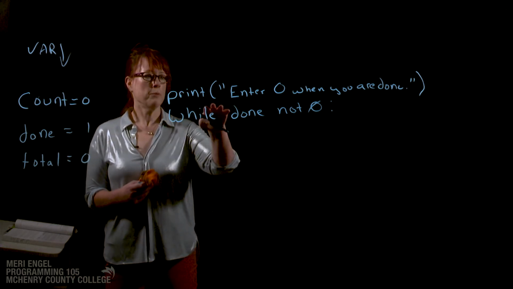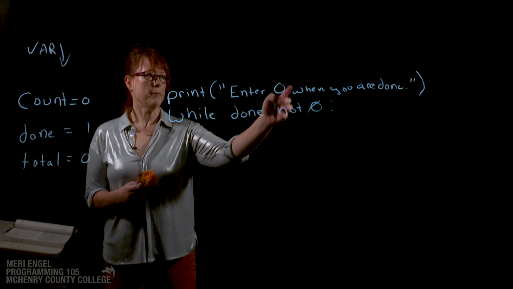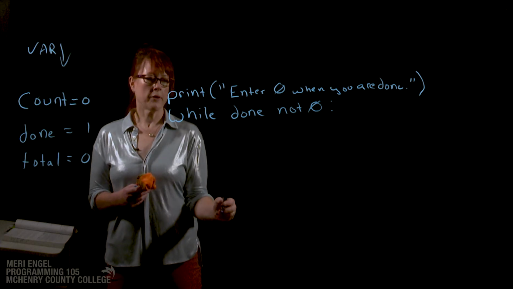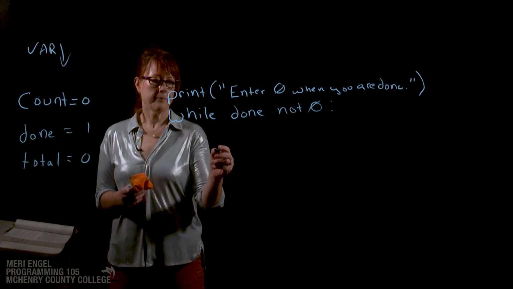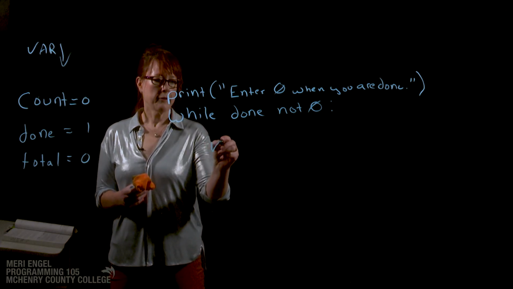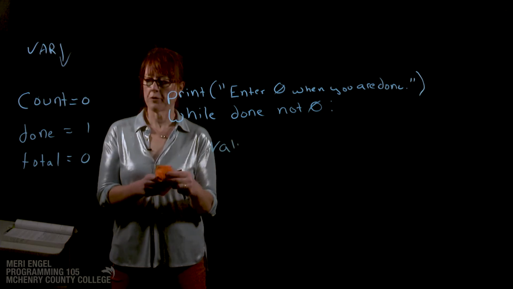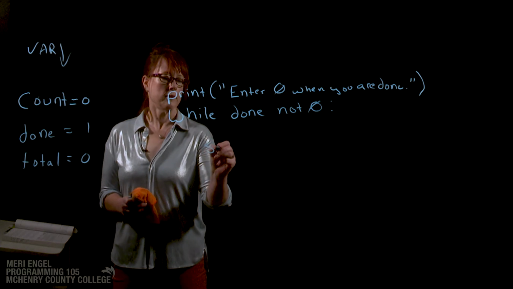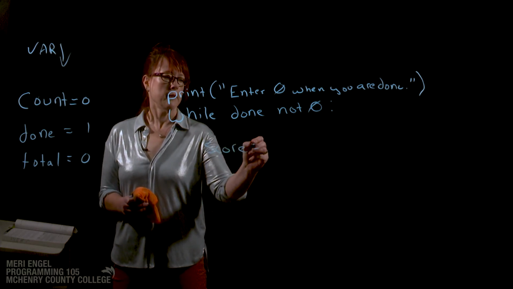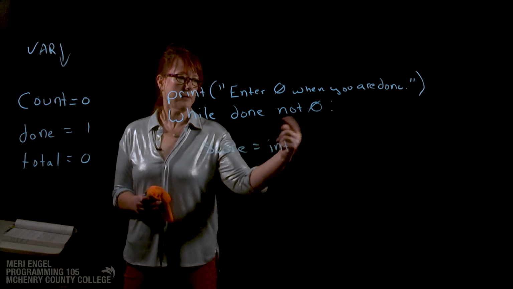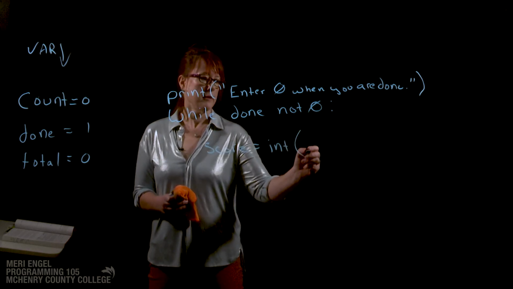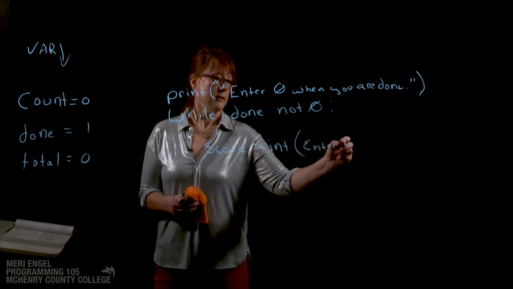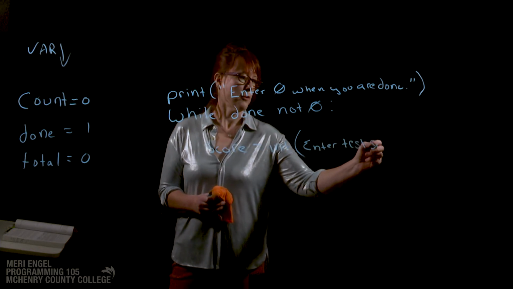So before we enter our while loop, we have them know that they need to enter 0 when they're done. And while done is not equal to 0, then we will have value or score. I think score is actually clearer. Score equals int, because it's coming in as a string, "Enter test score."